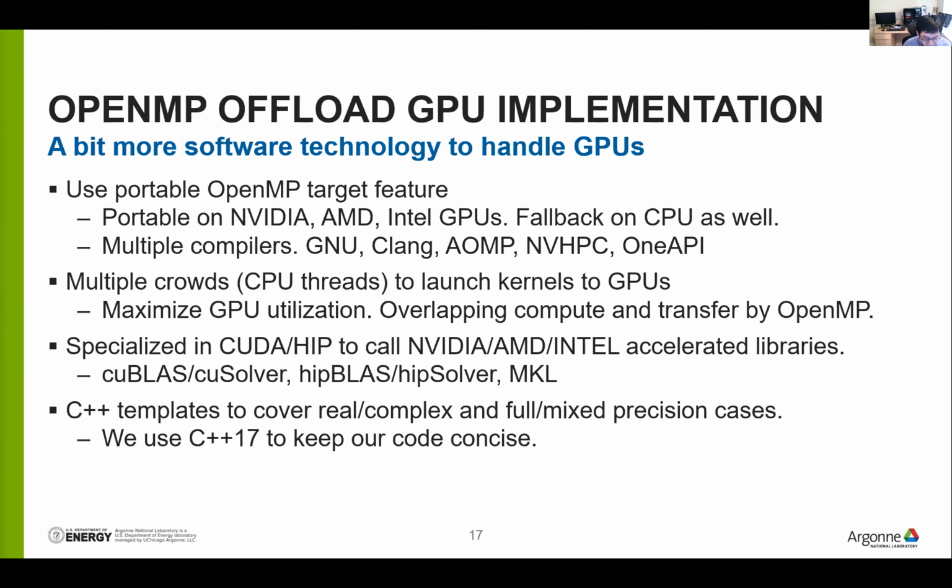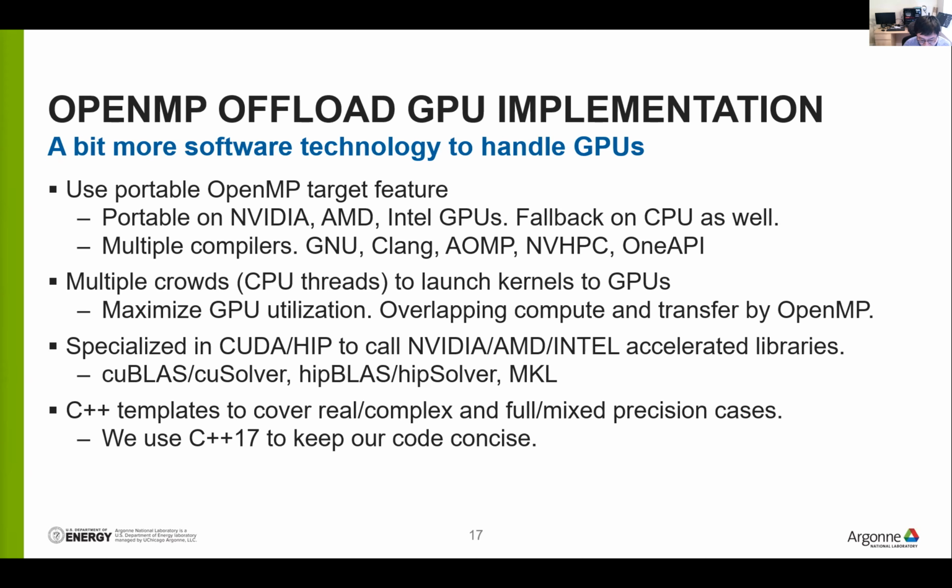So about GPU porting. I mentioned we have the legacy CUDA code, which is fully CUDA C++ kernels. What we do now is use OpenMP offload for kernels. And we also call the vendor libraries, so cuBLAS and the solver come with it.